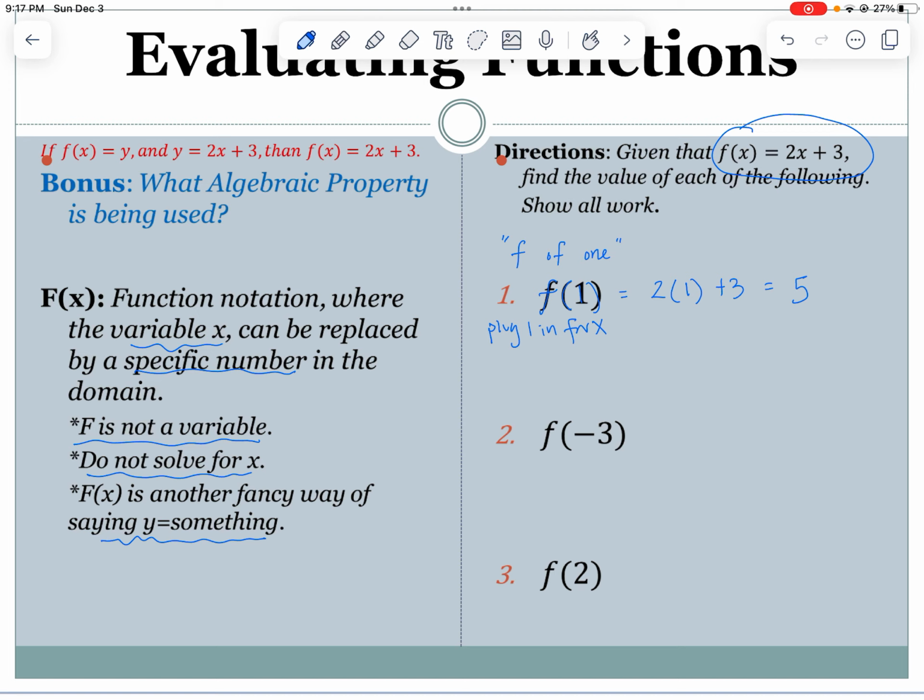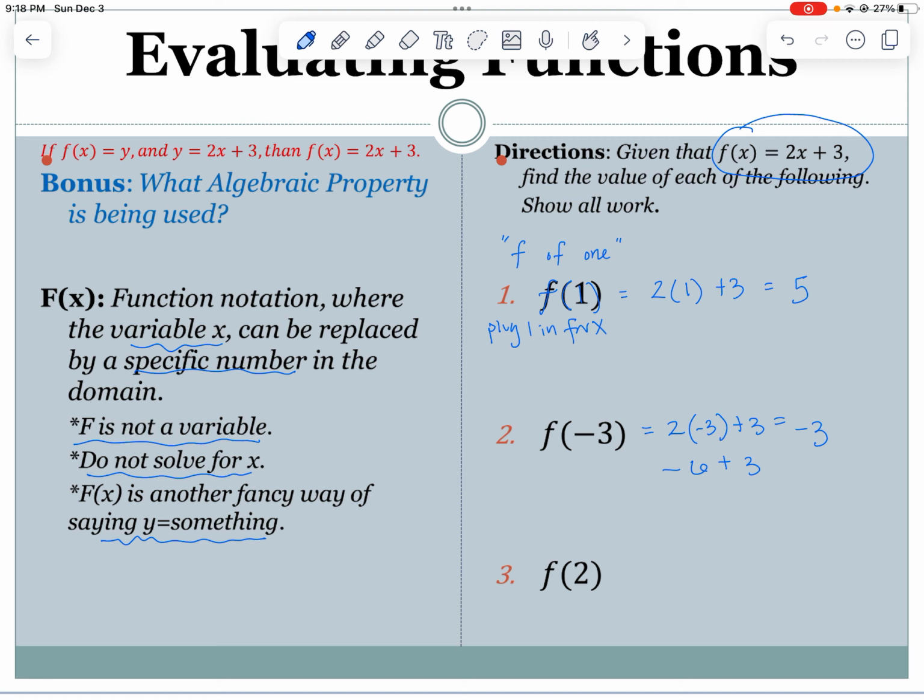So that's what we did here, where I showed you that when it says f of -3, all I want you to do is plug negative 3 into the function where you see x. It replaces the variable. Negative 6. I don't know why I keep copying down the answer from before. Negative 2 times, 2 times negative 3 is negative 6 plus 3. That gives us an answer of negative 3.